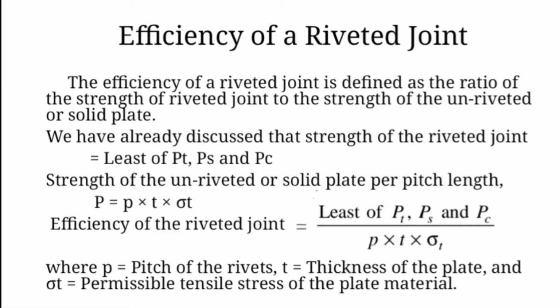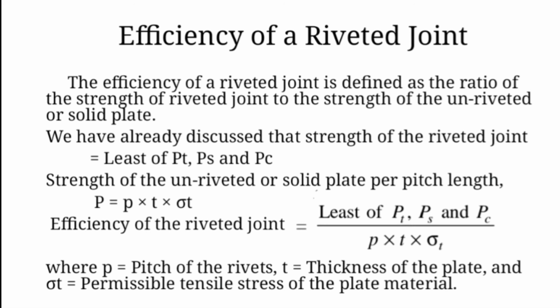Next is the efficiency of riveted joints. The efficiency of a riveted joint is defined as the ratio of the strength of the riveted joint to the strength of the unriveted or solid plate. We have already discussed the strength of the riveted joint, the least of Pt, Ps and Pc.